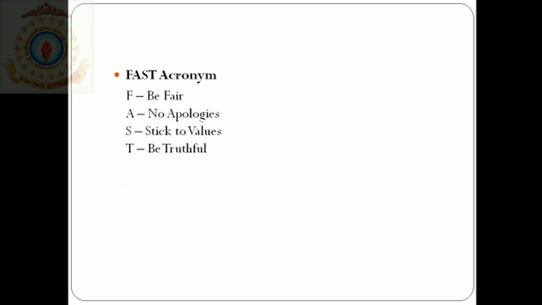It means we should perform a task such that in future there is no chance of telling an apology to anyone. That correct task we need to perform, that is the meaning. Am I clear now? F for be fair, A for no apologies, S for stick to values, T for be truthful.